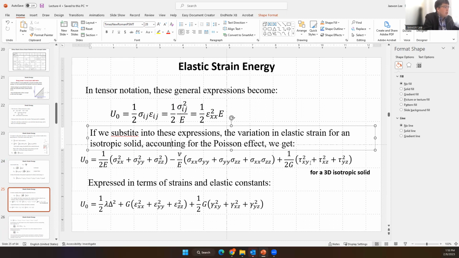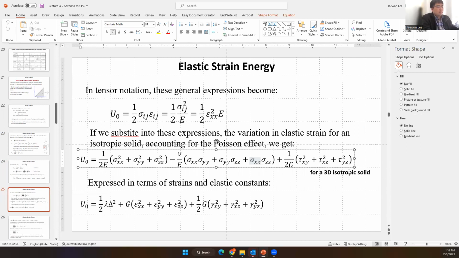Okay, and then we can explain the Poisson effect based on this equation.